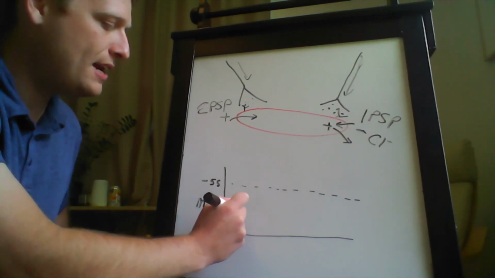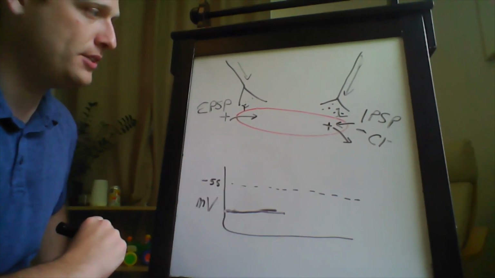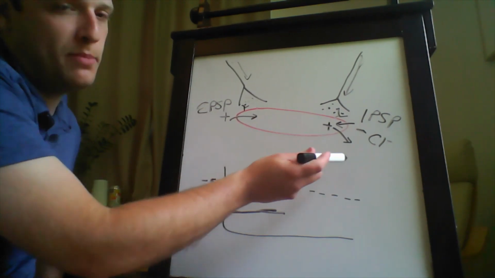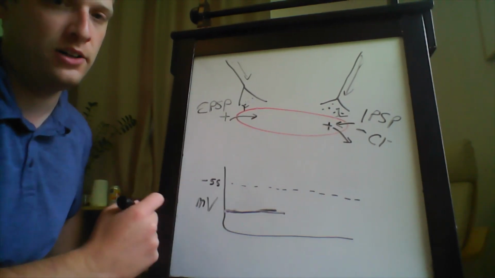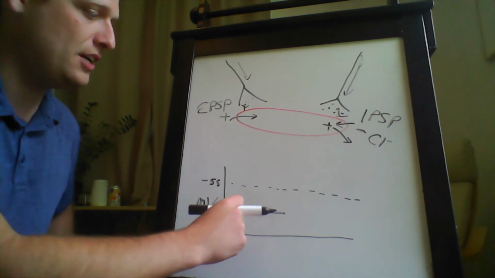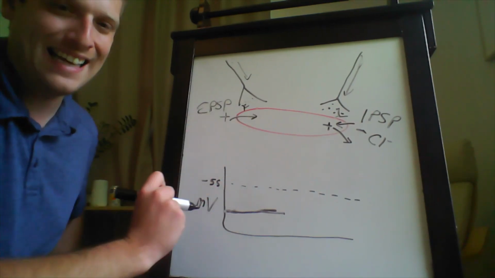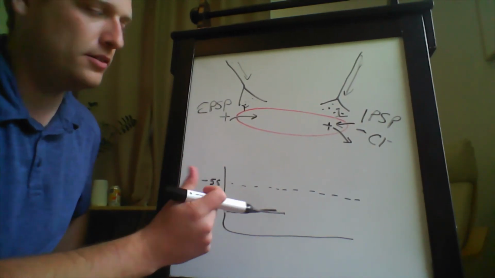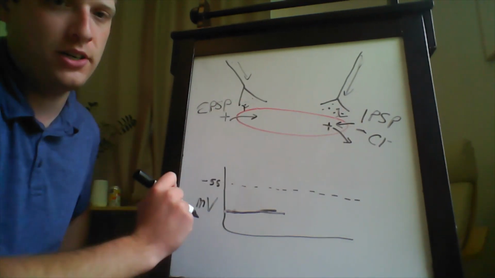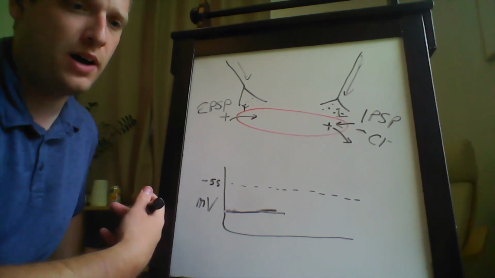Well, these are going to add up on one another, and you're going to get no net change in the voltage because you have positive ions flowing in, but you also have either positive ions flowing out or negative ions flowing in that are going to counter the effects of that excitation. So in order to really excite the postsynaptic cell, you have to have more excitation than you have inhibition going on.